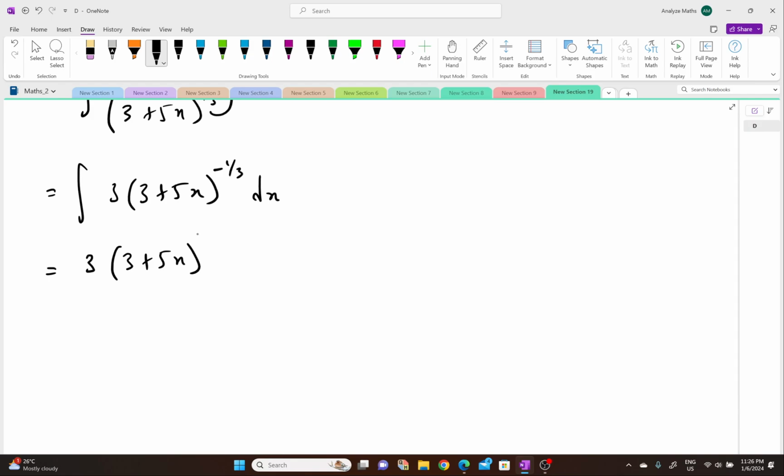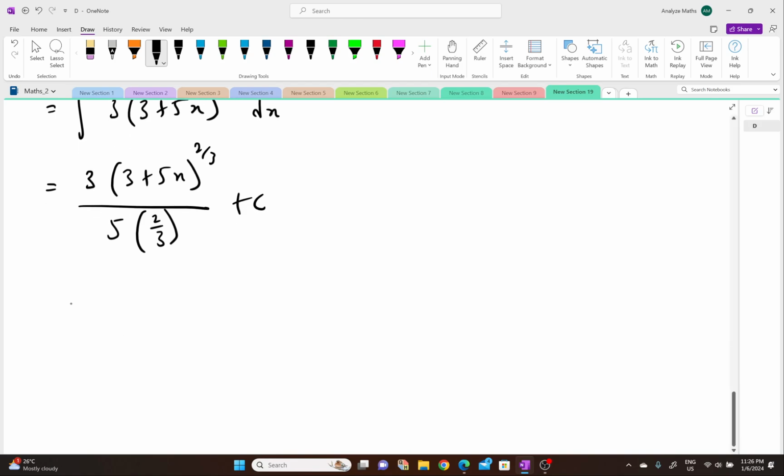Negative 1 over 3 plus 1, you get 2 over 3. Plus c. And if you do some computation, this is the answer.